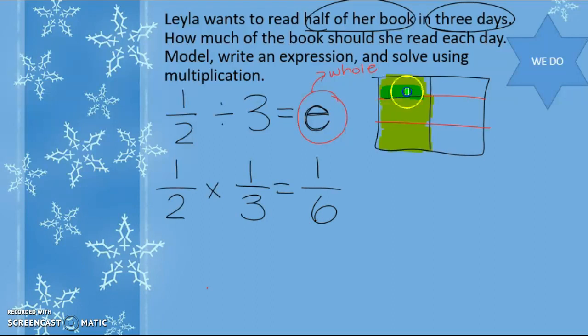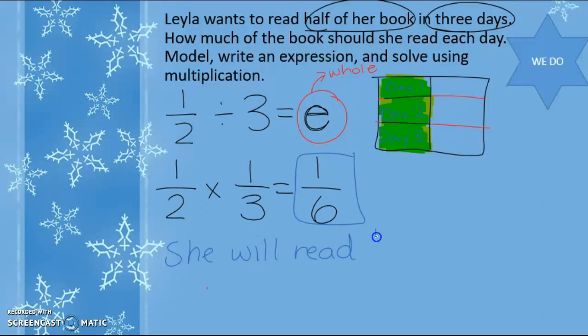So here is the first day, the second day, and the third day. And I can even label those for you. Day 1, day 2, day 3. Each day she will read 1/6 of her book.